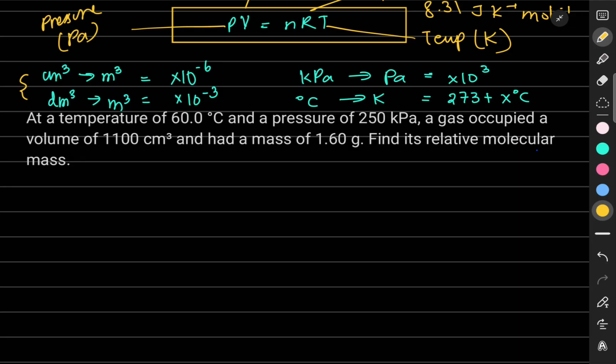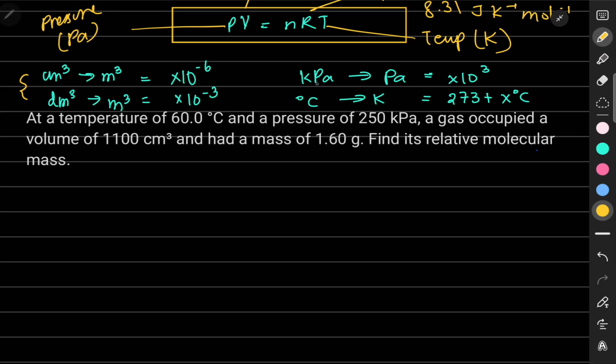If you have volume given in centimeter cube, you're going to convert it into meter cube. So you're just going to multiply your given volume in cm cube by 10 raised to power minus 3. If your volume is given in decimeter cube, then you're going to convert it into meter cube, you're going to multiply it with 10 raised to power minus 3.